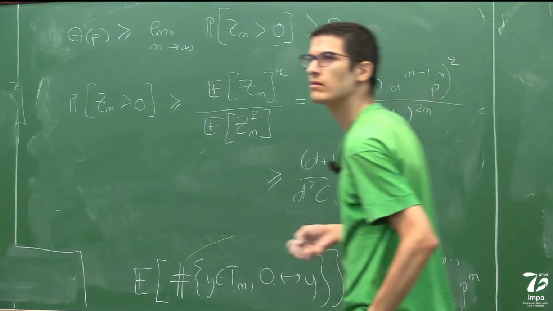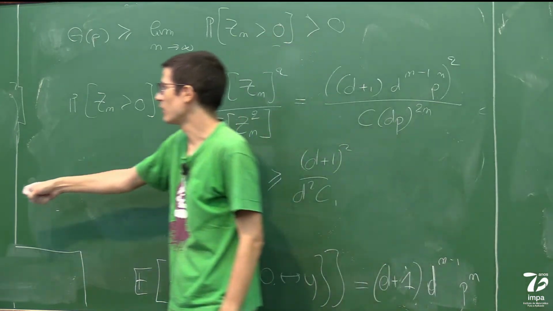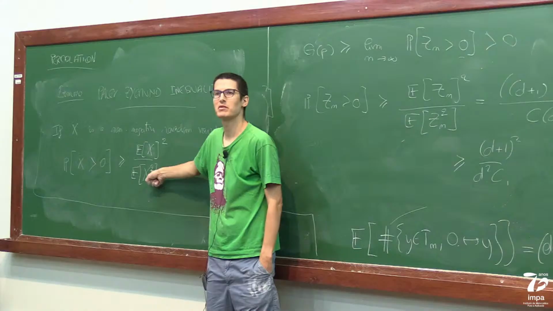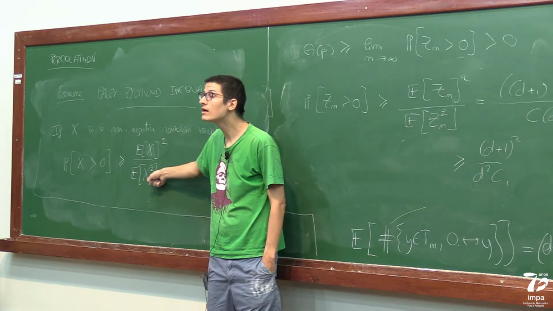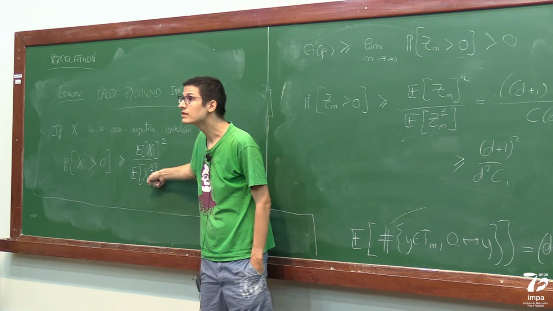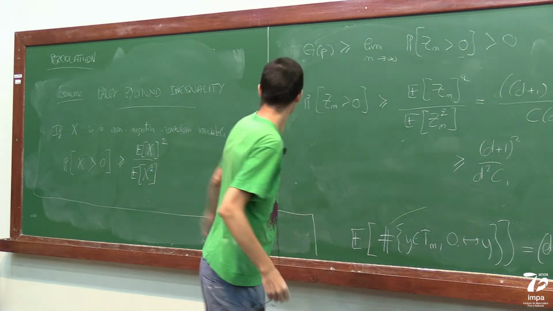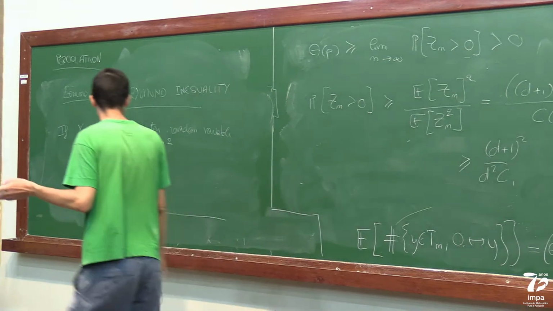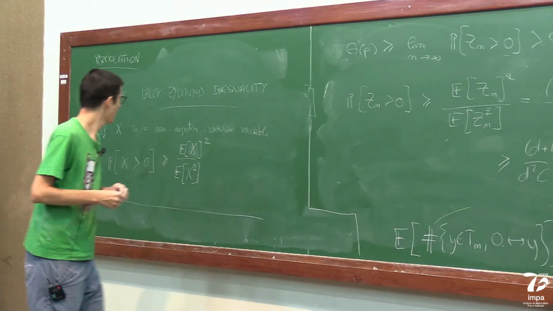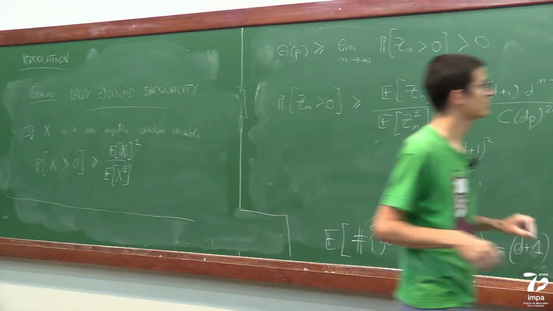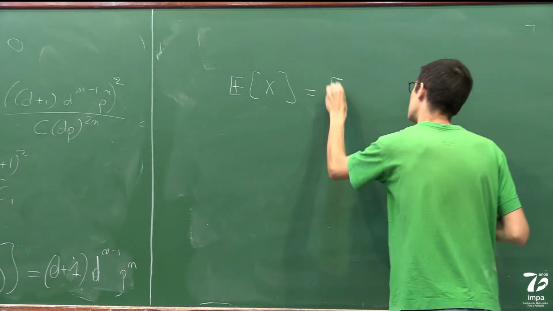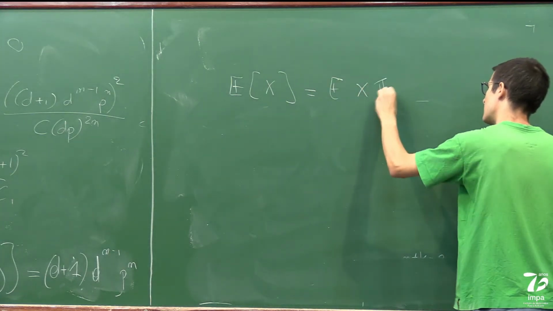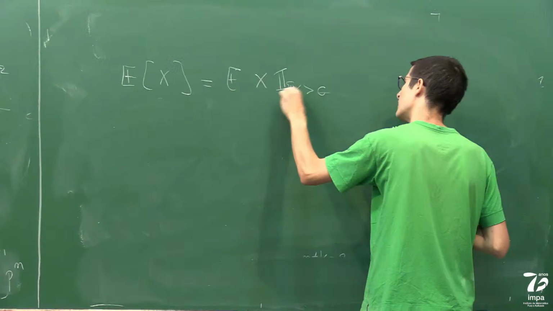Okay, so does anyone have an idea on how to prove this simple inequality? Yes, Cauchy-Schwarz inequality. So it's exactly this. If you look at the expectation of x, it's just the expectation of x times the indicator that x is positive.